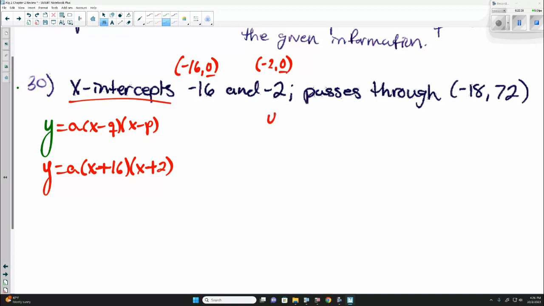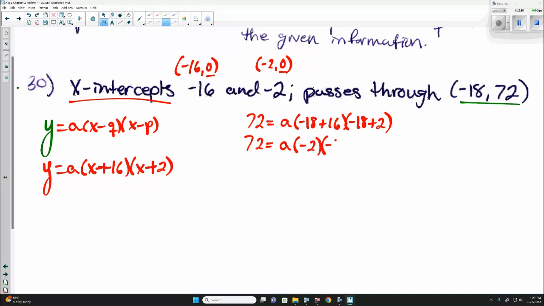Now just like the last one, to find the value of a, we're going to plug the point -18, 72 in for the x and y corresponding spots. So we'll plug 72 in for y and -18 in every place there's an x. Now the first thing we can do is simplify what's inside the parentheses. -18 plus 16 is -2. -18 plus 2 is -16. -2 times -16 is positive 32a.